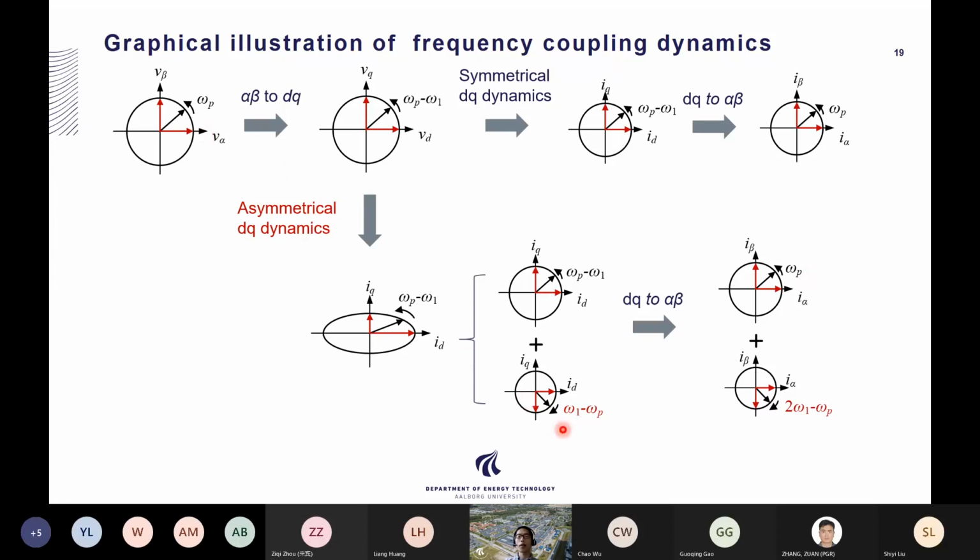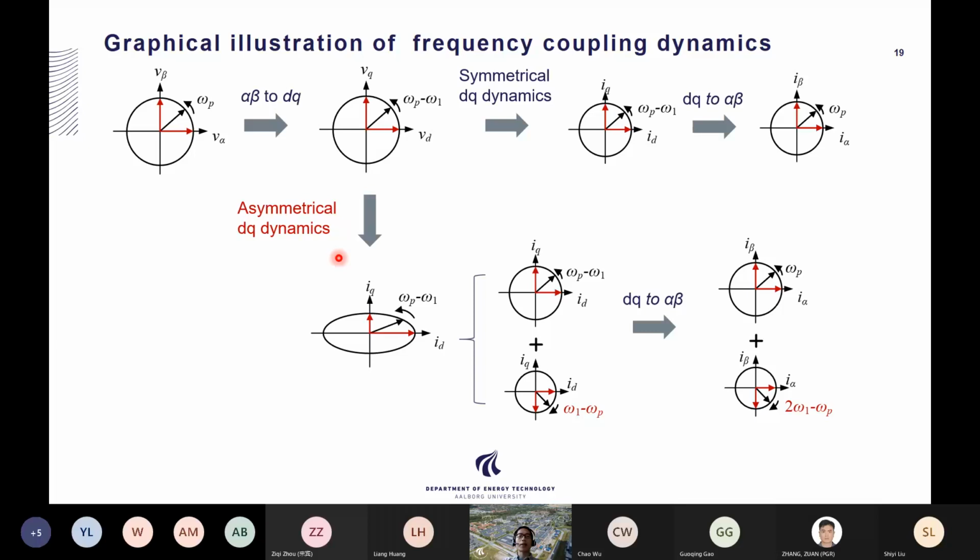But you can see that there's another frequency component at omega 1 minus omega p. Then when it transfers back to the alpha beta frame, you just add the frequency omega 1 to do the frequency translation. You can see the resulting frequency is 2 omega 1 minus omega p.